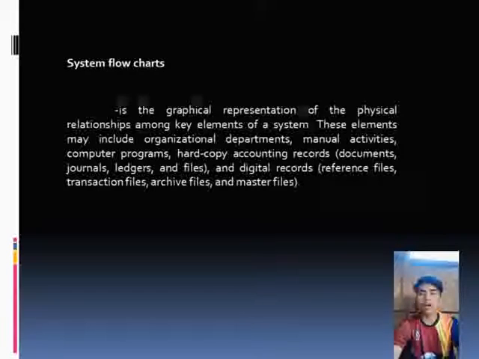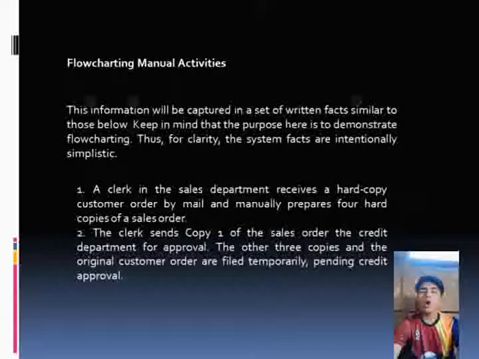These also describe the type of computer media being employed in the system, such as magnetic tape, magnetic disks, and terminals. The flow charting examples in the following sections illustrate techniques for representing both manual and computer-based accounting processes. We begin by documenting manual procedures. We will add computer elements to the system later.